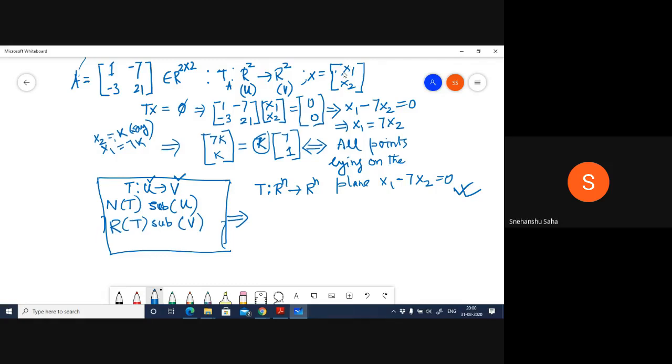So that means you are actually looking at square matrices induced by the linear transformation.